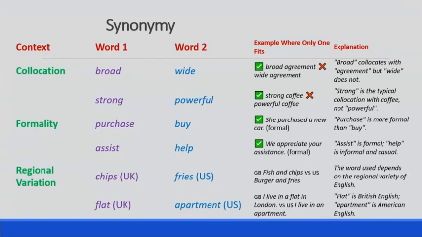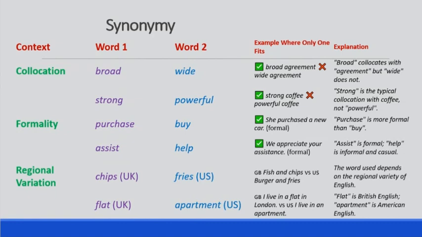Formality: in business we use purchase rather than buy in a formal way. For example, she purchased a new car, not she buy a new car. Purchase means to buy something, but buy means to pay your money for something.